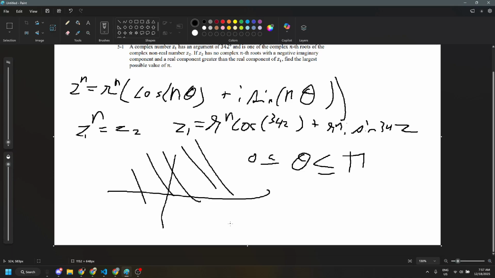Of course it makes sense that if you have the root of a normal real number, it will be along this unit circle. Oh no, it won't be on that unit circle, but it'd be on a circle with angles like this.